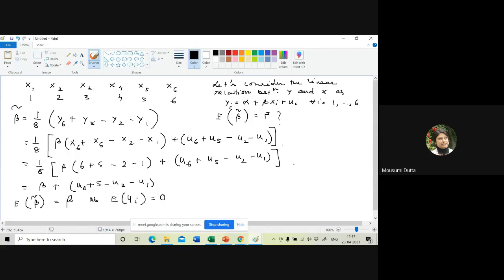Everybody could complete up to this? So next, what do you need to find out? Look at the question. Variance of beta tilde, yes. So try to derive variance of beta tilde.